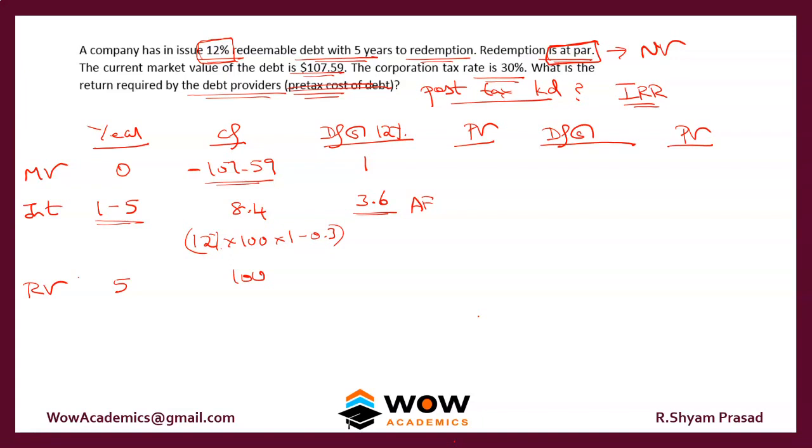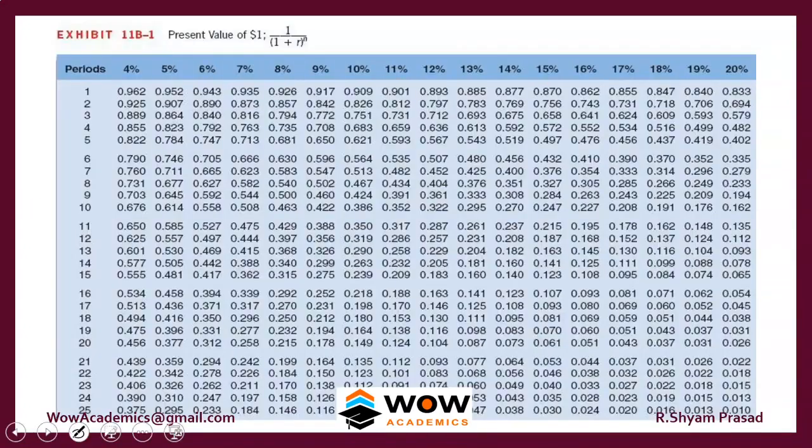The redemption value comes only in the 5th year, so for that we look at the discount factor table. We look at the discount factor at 12% for the 5th year alone, which is 0.567.